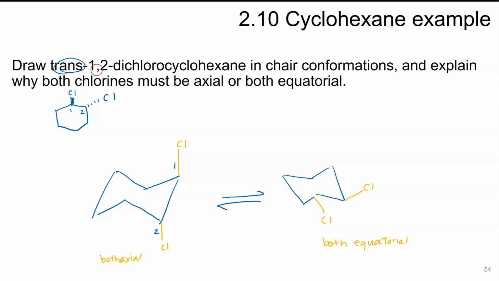So the trans in the name refers to the directions or the relationship of the chlorines to each other, not axial or equatorial. So trans, one is up, one is down. They're both axial. We do the chair flip, there's still one up, one down, but now they're equatorial.